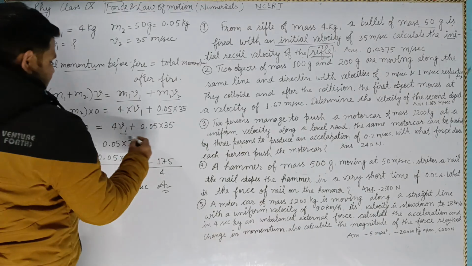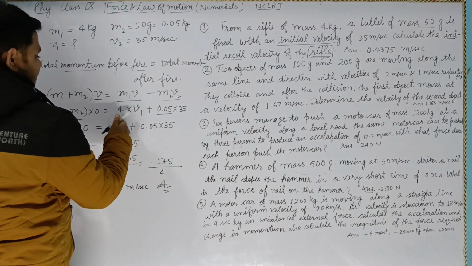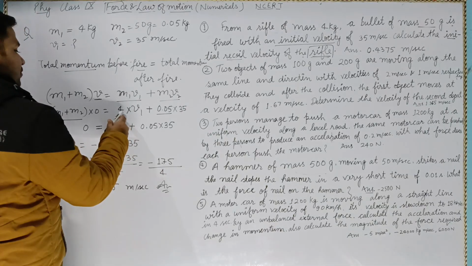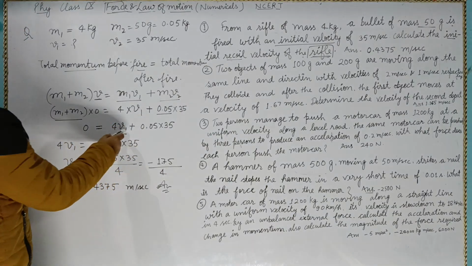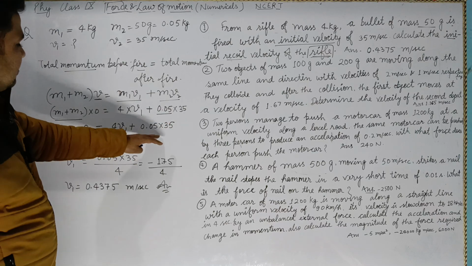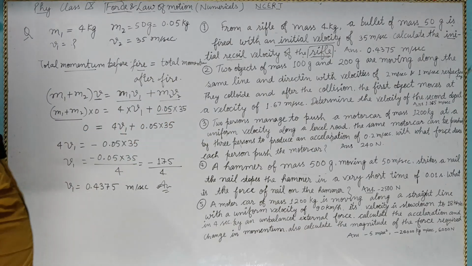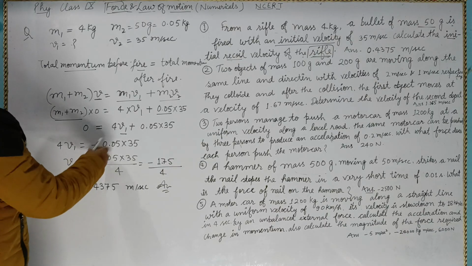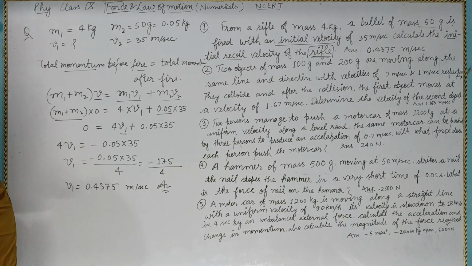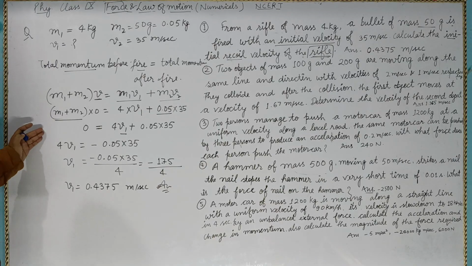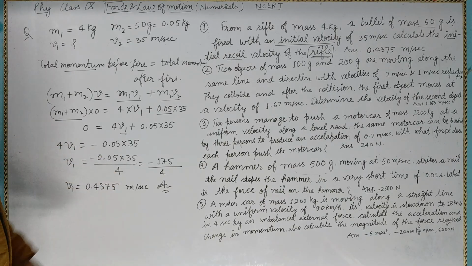We write 4V1 plus 0.05 into 35, the same as here, and this is how we solve the question.